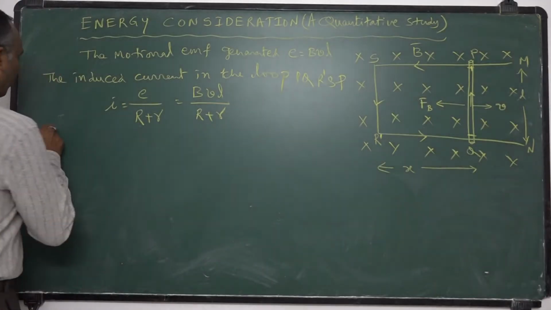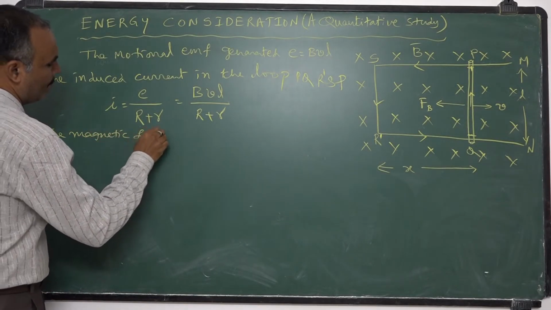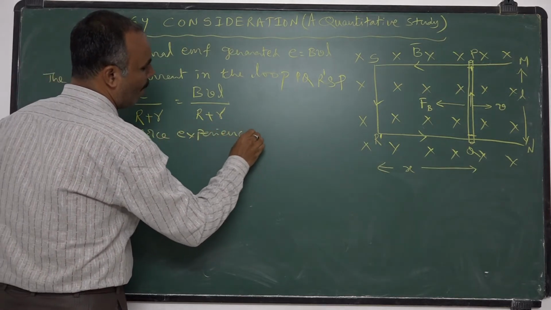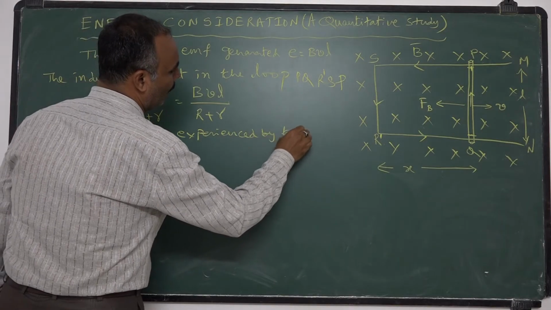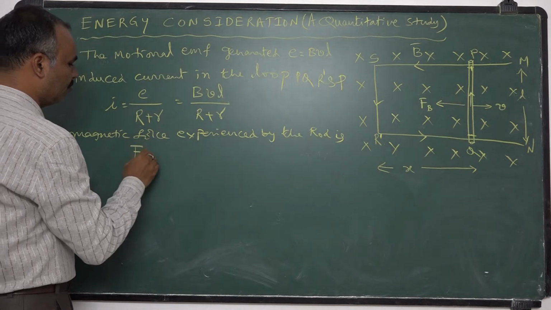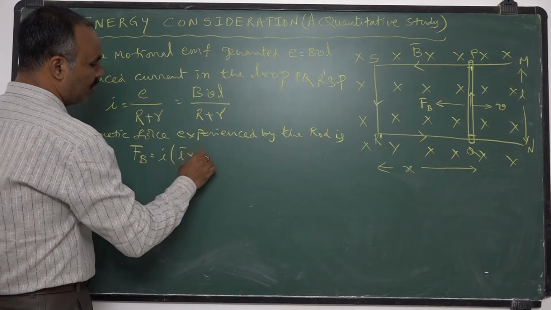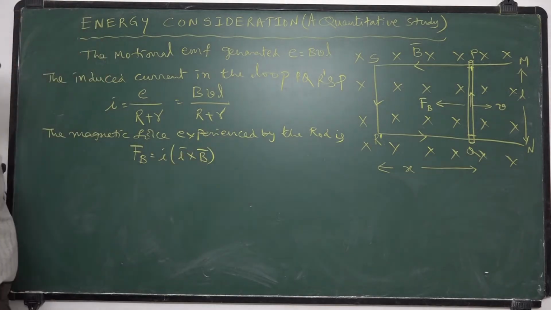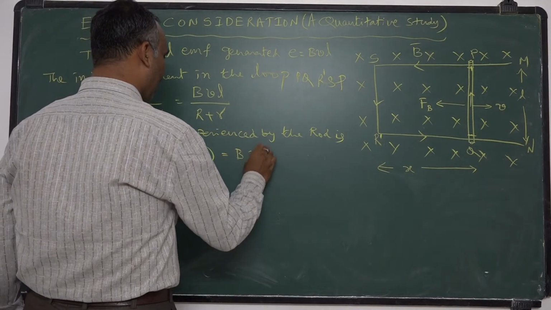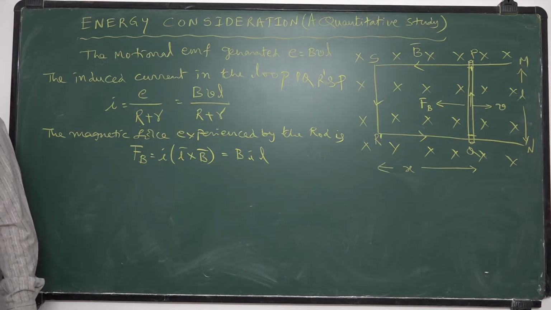So the magnetic force experienced by the rod is FB equals I into L vector cross B vector. This is the general formula. L and B are perpendicular to one another. Sin 90 is 1. So simply it is BIL. BIL is the force experienced by the rod.